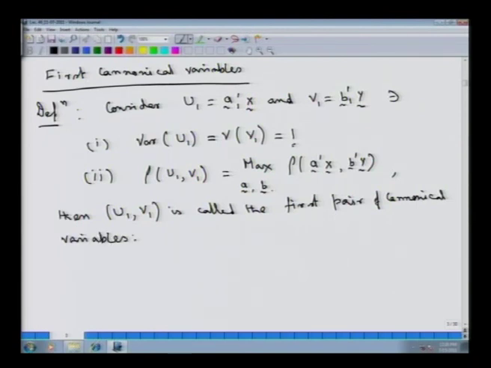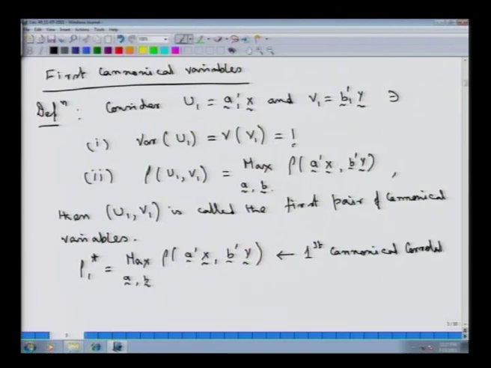Right, and this rho 1 star, which denotes this maximum over a and b of the correlation between these linear combinations a' x and b' y, is what is called the first canonical correlation coefficient.